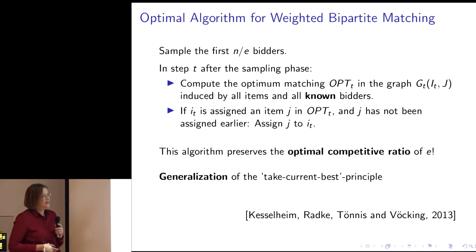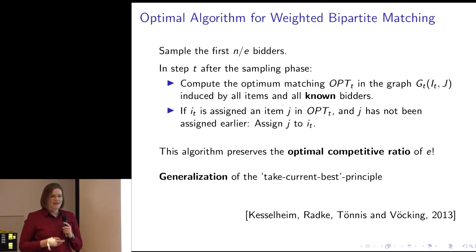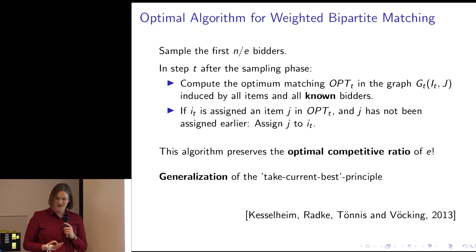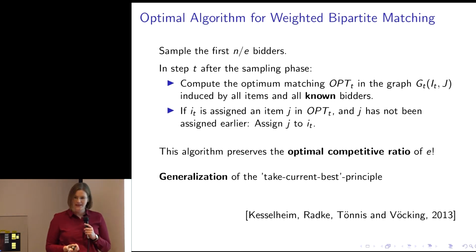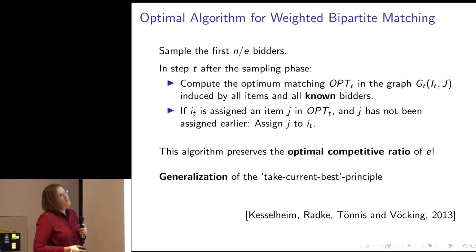Actually, quite amazingly, there has been a result that gives the same approximation. It still keeps the ratio of E, just as for the simple problem, and it goes as follows. It's a very simple algorithm. If you remember what we did for the original problem, we just said, okay, we pick something if it is currently looking like the best.